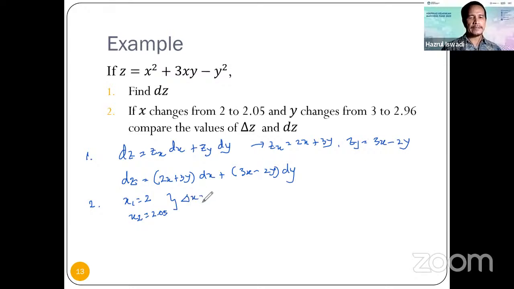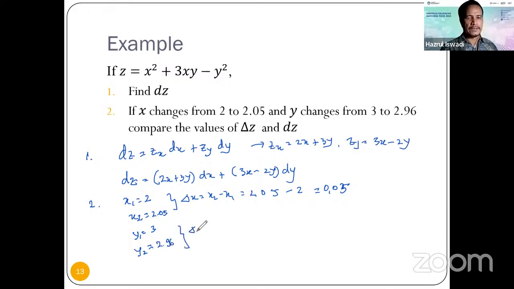So delta x is x2 minus x1, which is 2.05 minus 2, so we have 0.05. For y, y1 is equal to 3, y2 is equal to 2.96.